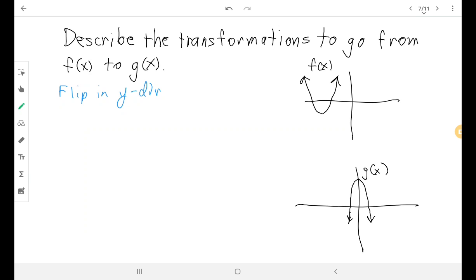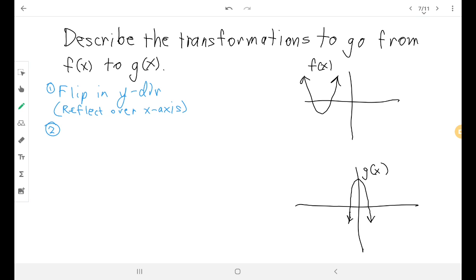So remember, the proper way to say that is reflect over the x-axis, or a reflection over the x-axis. So that's one thing that's happened.